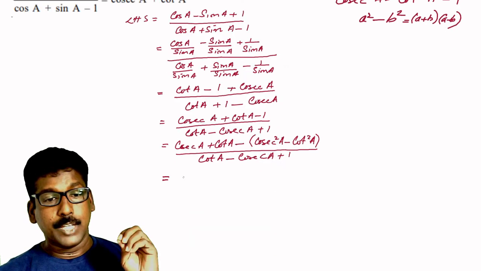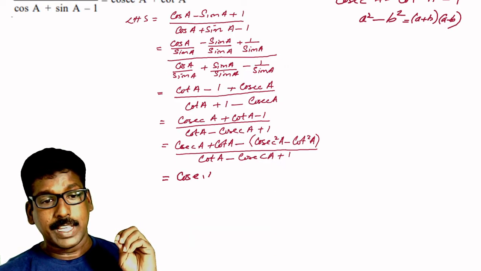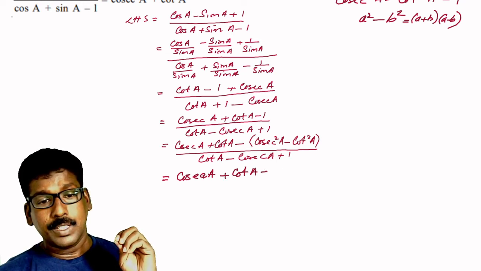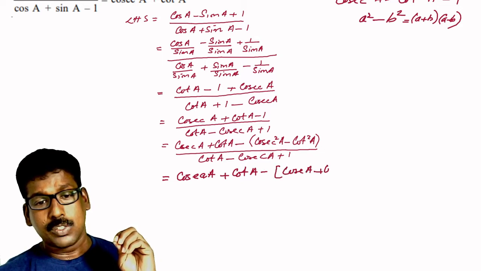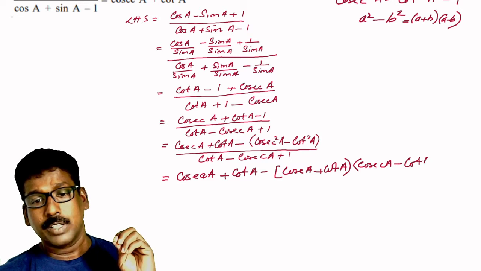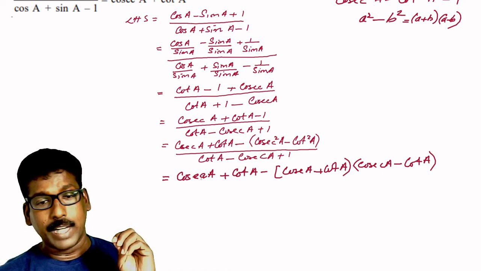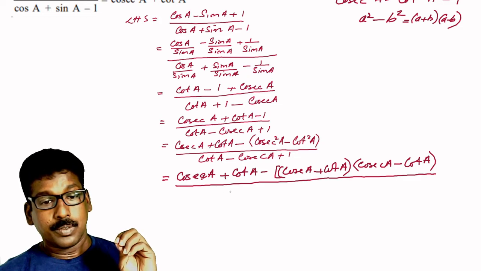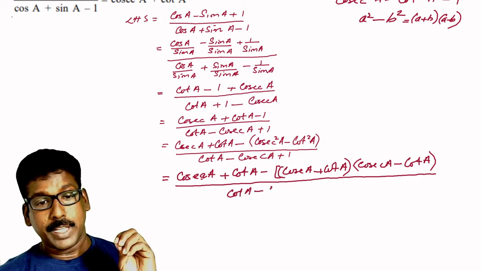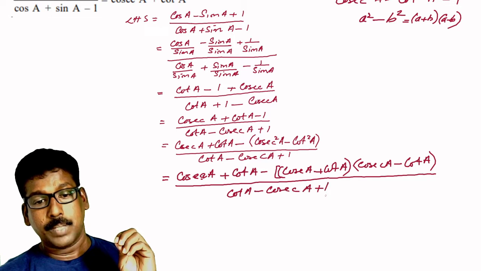So here the numerator, cosec a plus cot a, you can write as cosec a plus cot a into cosec a minus cot a, because it is in the form of a square minus b square, then whole divided by cot a minus cosec a plus 1.